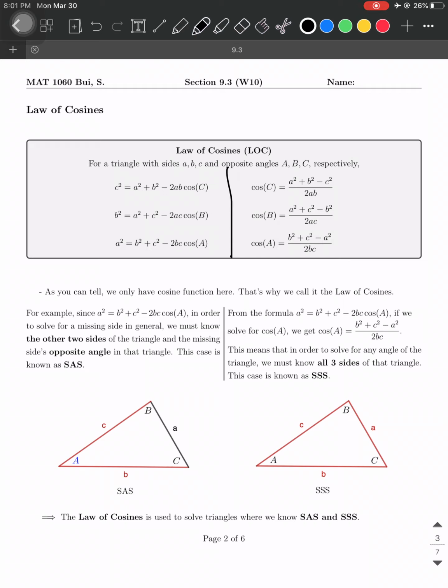Okay, so for the sides in here, it's quite easy to remember. First of all, because we talk about the law of cosines, we're only allowed to use the cosine function in here, right? We're not allowed to use sine, tangent, cotangent, secant, or cosecant in here. It's all about cosine. Okay, and if you want to find the little c in here, you're going to do a squared plus b squared first. And after that, to balance out the equation, we're going to have to subtract.